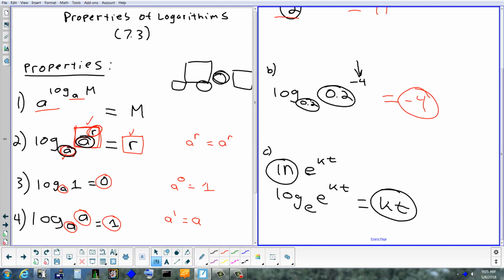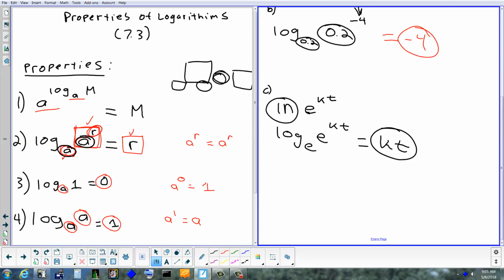Let's see, I didn't do one of the other rules. Let's do this one. Log base 5 of 5. Tanner, what rule is that one? Rule 4. Yeah, that's rule 4. So basically, another way to look at d is you can say 5 to what power gives you 5.